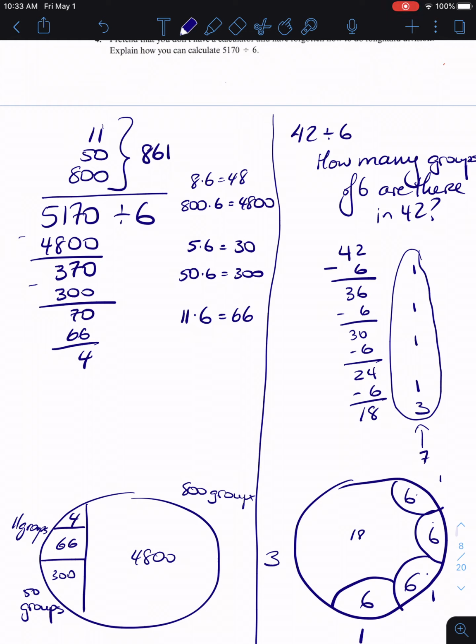In fact, the strategy is very similar to the standard algorithm, the long division. But the long division requires you to find the largest number, the absolute largest number, and to divide out. And it doesn't explain that we're still looking for groups of 6.